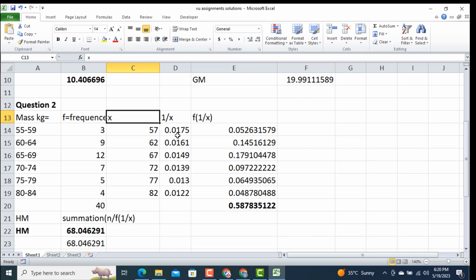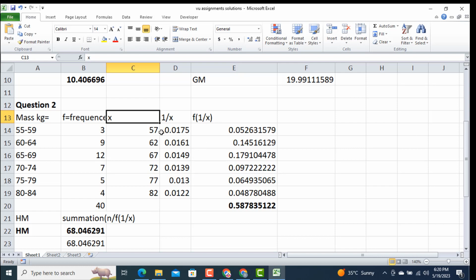After that, as per the formula, I need summation f into 1 over x. And please note that here this summation is not with the n, this summation is with the f into 1 over x. As you know, the summation sign is like sigma, so please use the symbol sigma here.